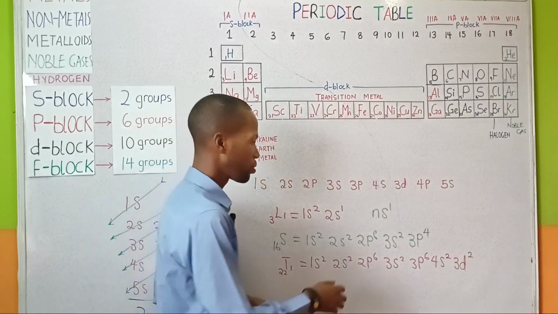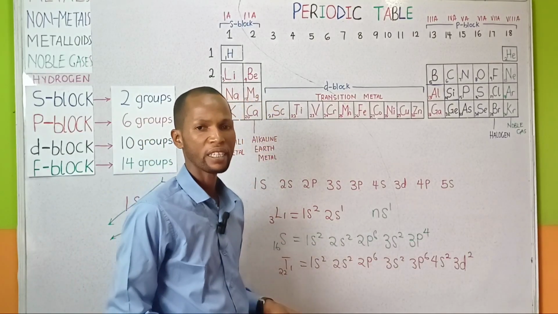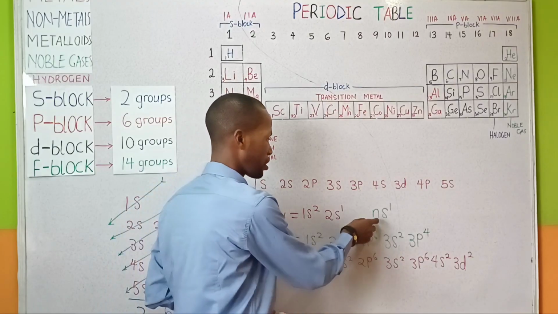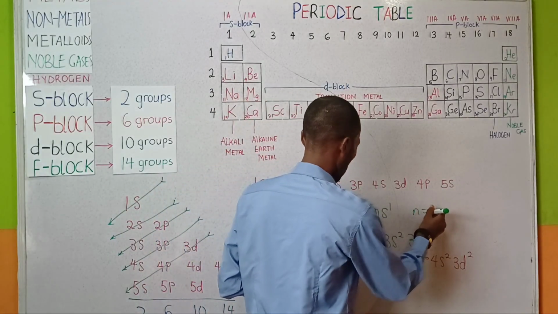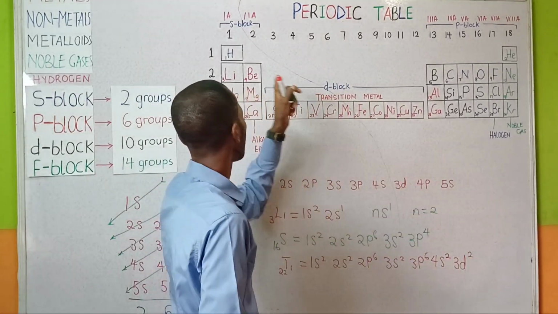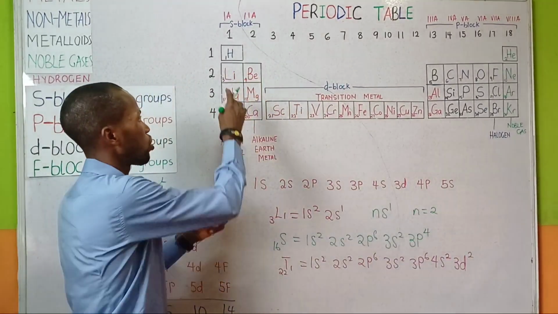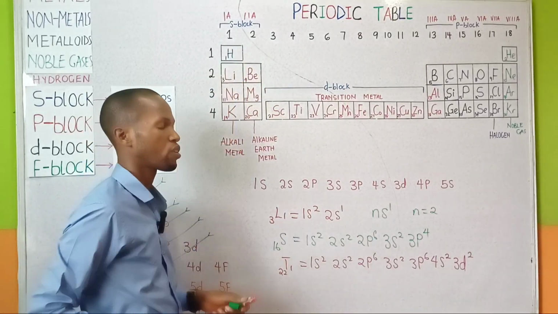So the n right here indicates the period where the element belongs. Since for lithium, n equals 2, that implies that lithium is in period 2 of the periodic table right here. This is period 1, lithium is in period 2.